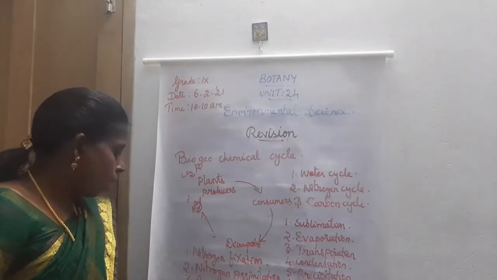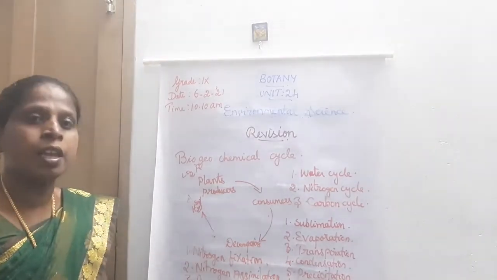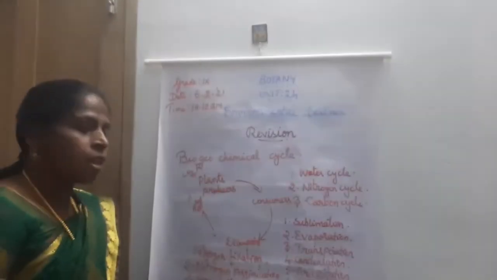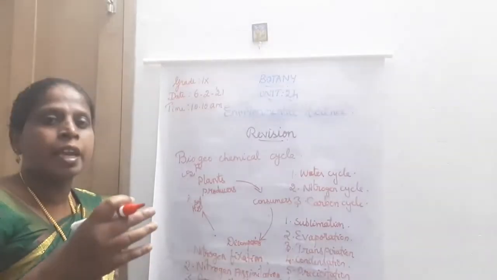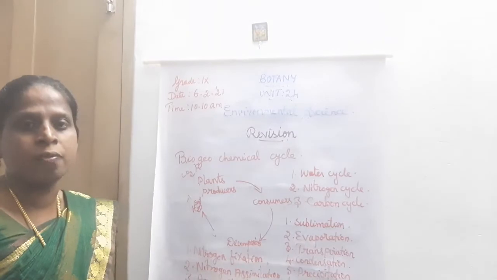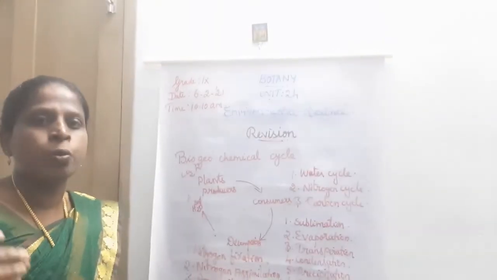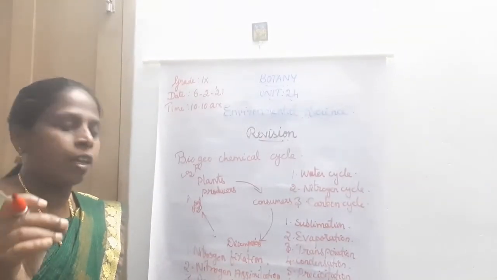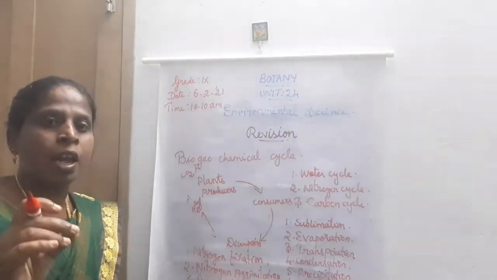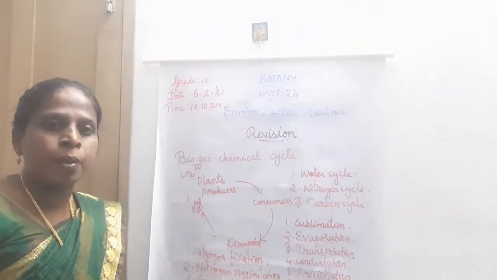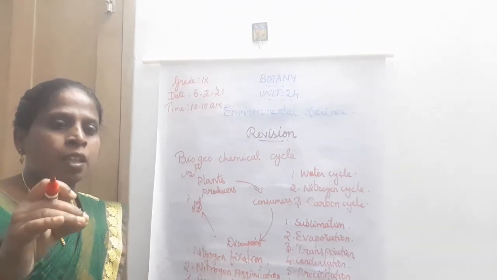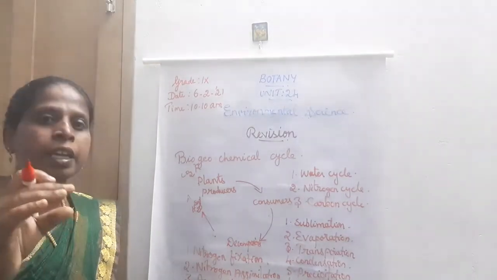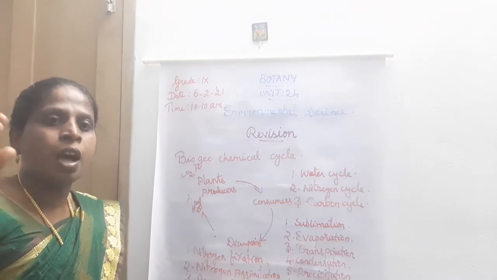Next one, ammonification. In this process the plants and animals release nitrogenous waste in the form of urea and uric acid. It is excreted out, and during ammonification it is converted into ammonia.